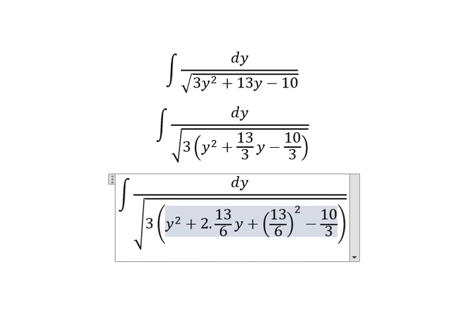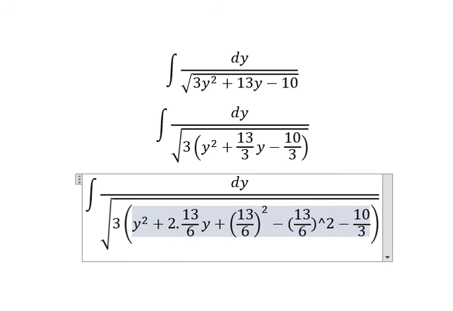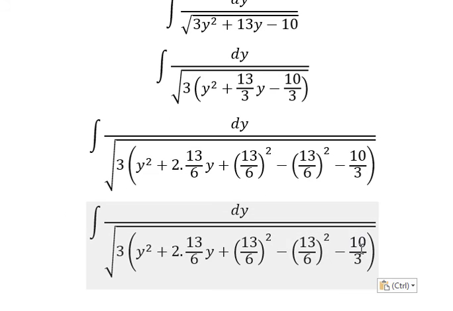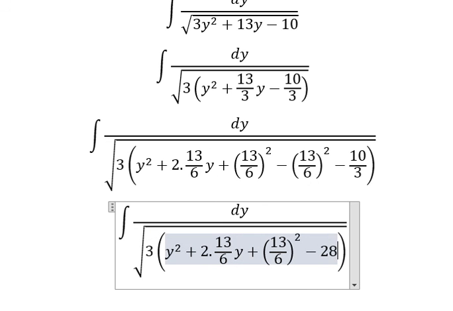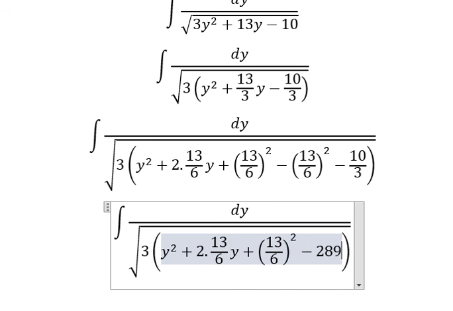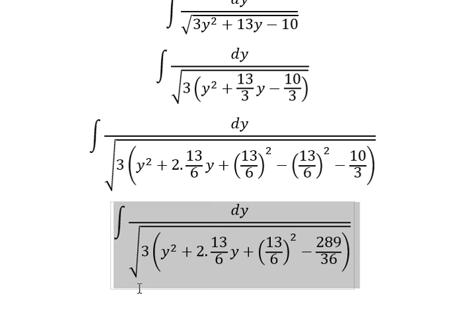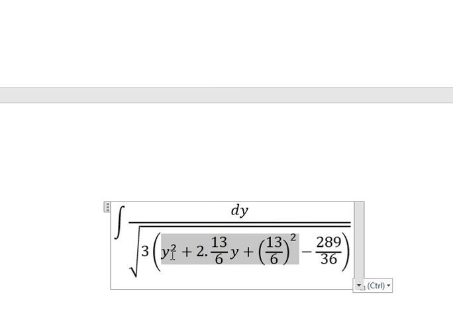Later we need to minus 13 over 6 square. And this one, you will get 289 over 36. So this one we got an identity.